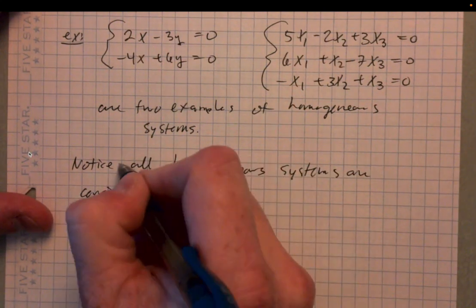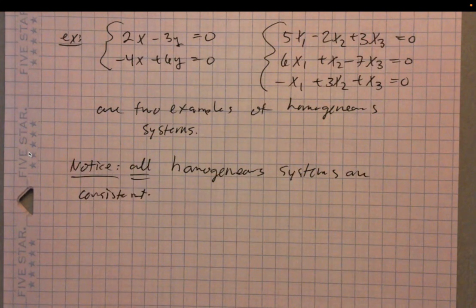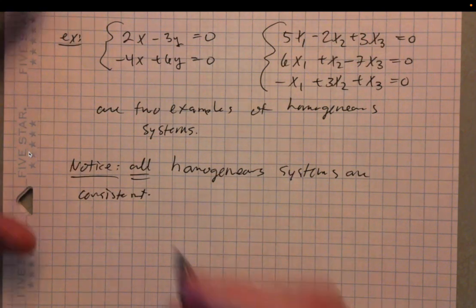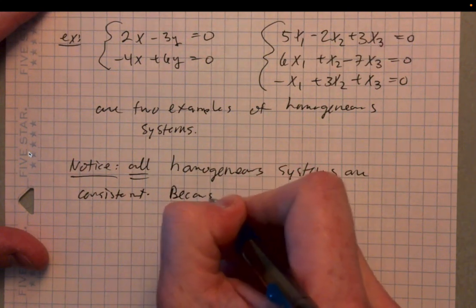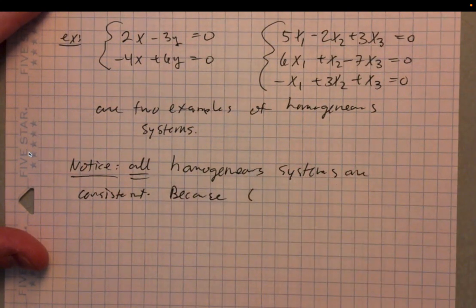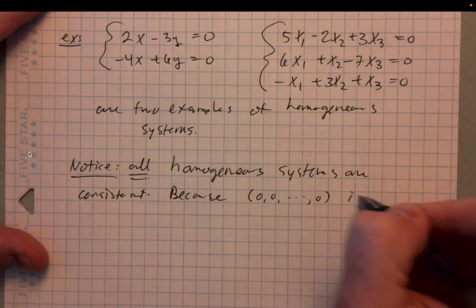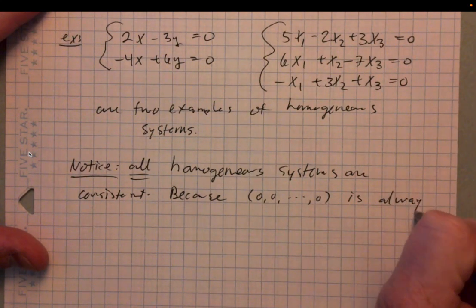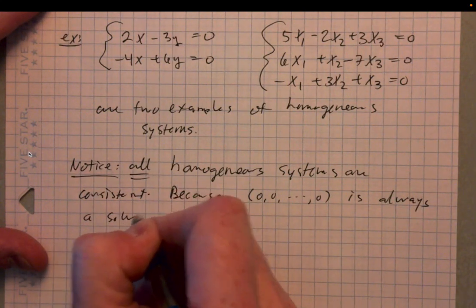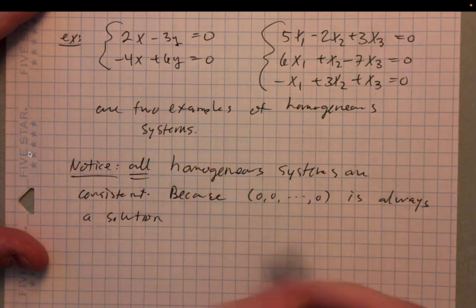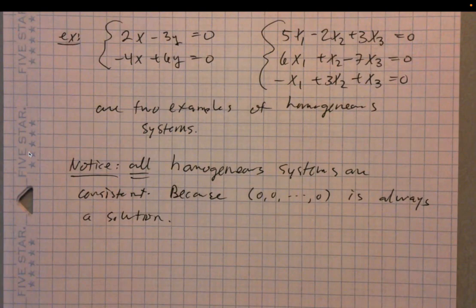How do we know that? Well, it's because there's always the trivial solution. Okay, so the all zeros tuple is always a solution.